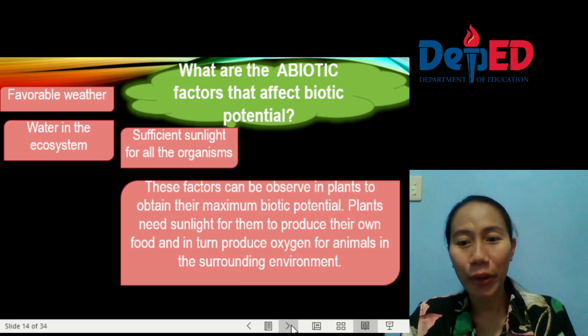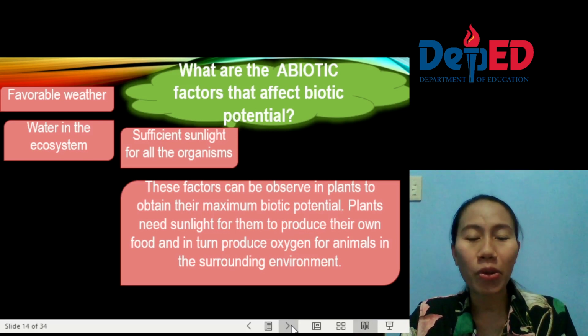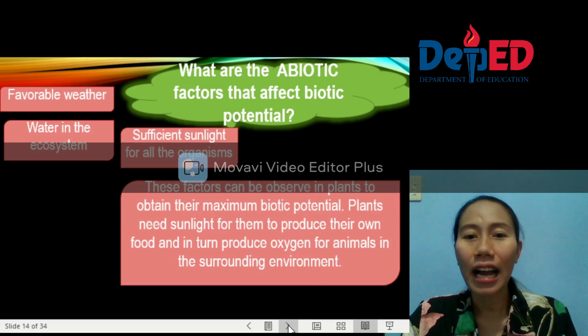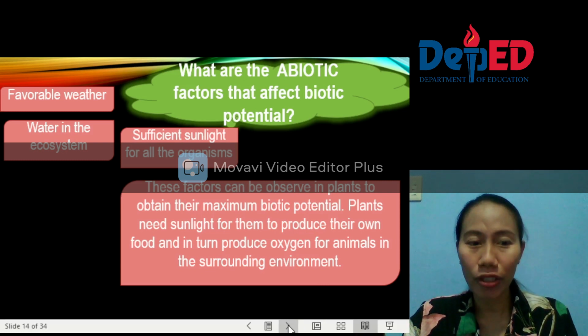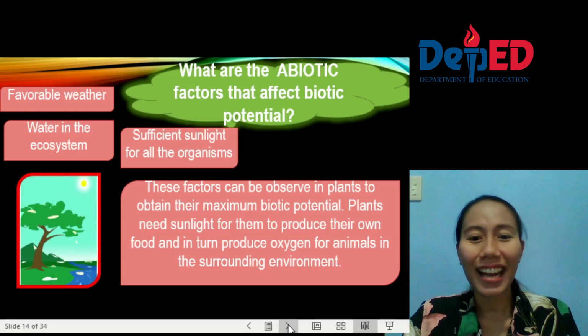Plants need sunlight for them to produce their own food, and in turn, they produce oxygen for animals in the surrounding environment. So that's why they are considered as abiotic factors, because as you can see, they are actually non-living factors or non-living things. Right?